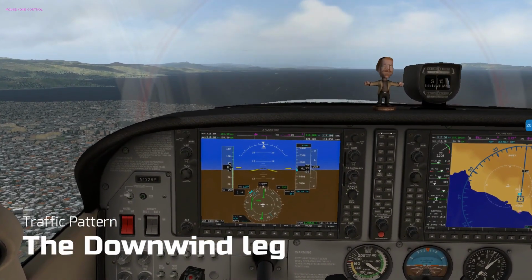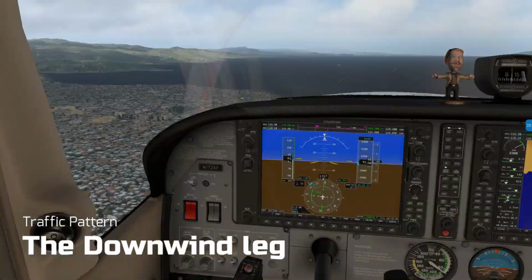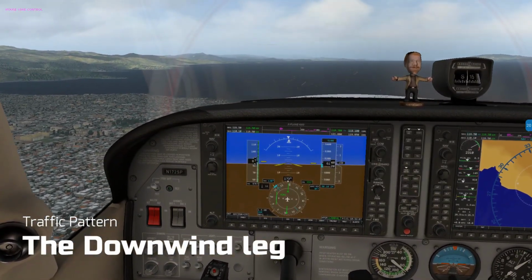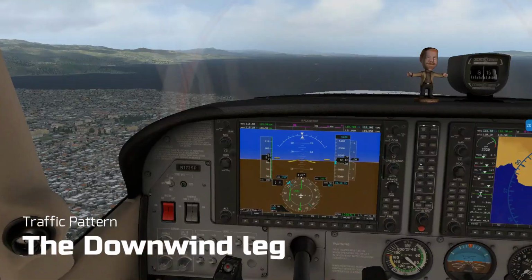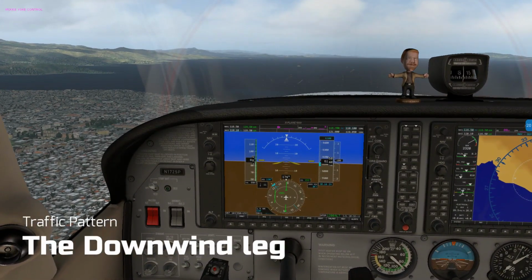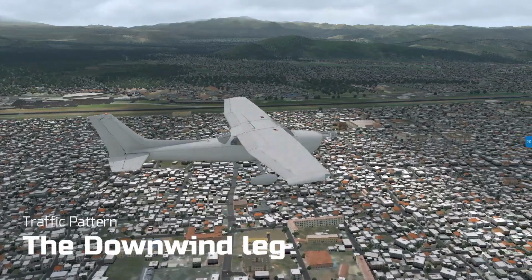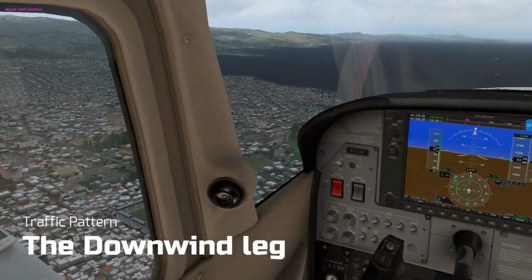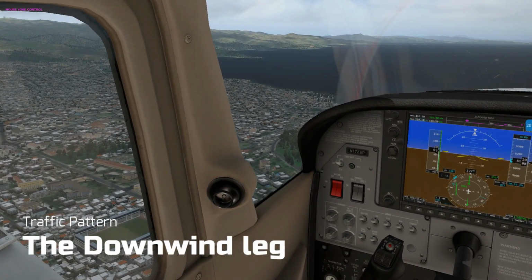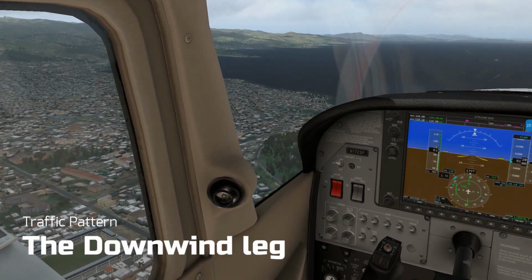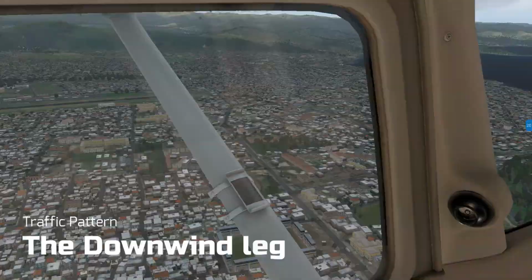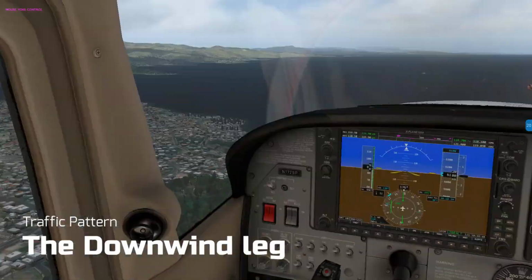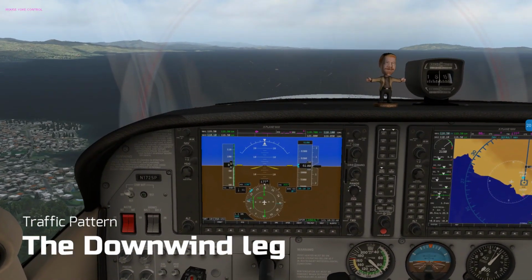6,100 feet on 175 degrees. I want to maintain between 80 to 100 knots. Good, we are now established on the downwind. Alright, we are now abeam the runway threshold. Now we wait until we are 45 degrees from it.